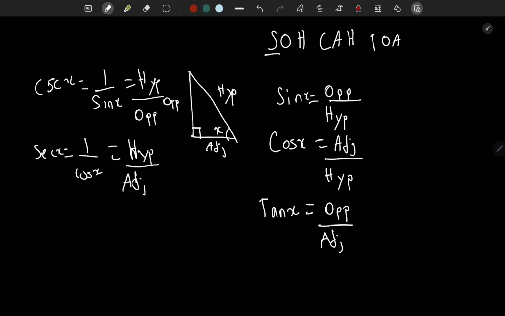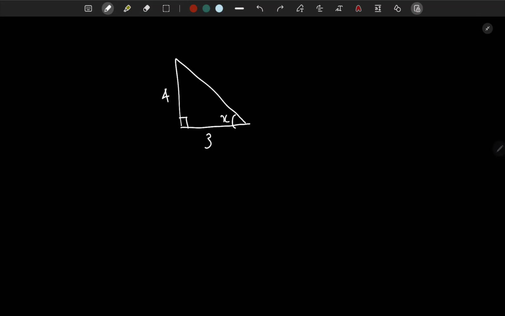Now let's move on to some examples which will make this way more clear. So in this question, we are given to find the value of x, the angle, and we're given that the adjacent side is 3 and the side opposite to x is 4. So first thing that we can do is find the length of the hypotenuse by using the Pythagorean theorem, which says that for a right angle triangle with sides a, b, and c, c squared is equal to a squared plus b squared.